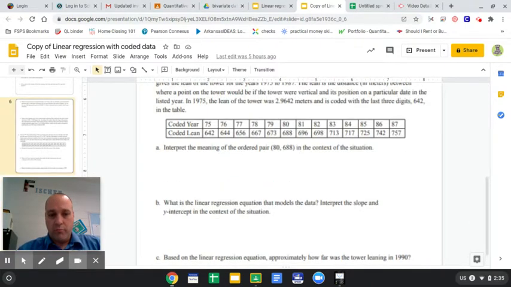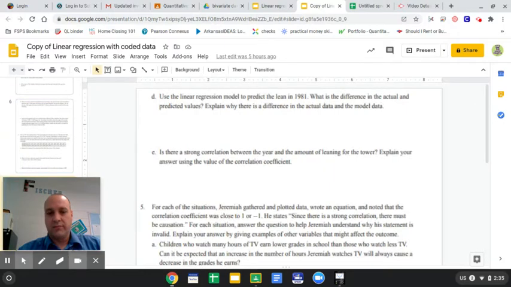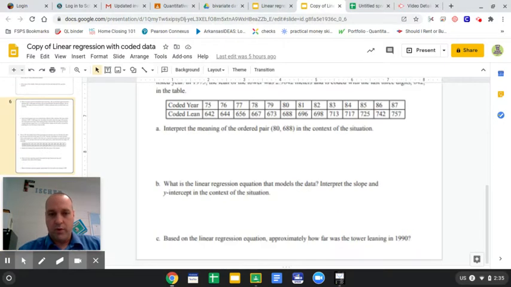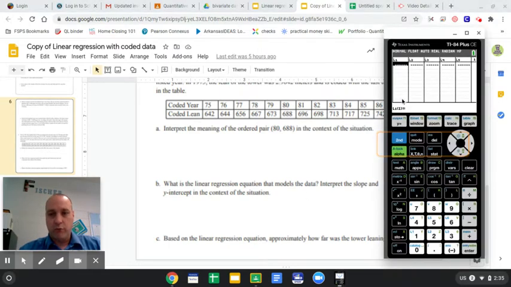And then on part B, it says, what is the linear regression equation that models the data? So same thing we've been doing, put the data in the calculator for the x's and the y's. The x's are the years, the y's are the lean.